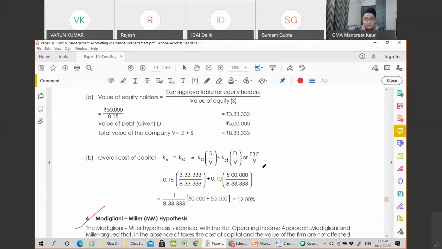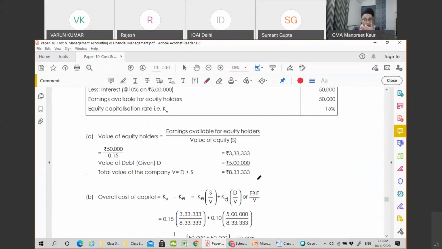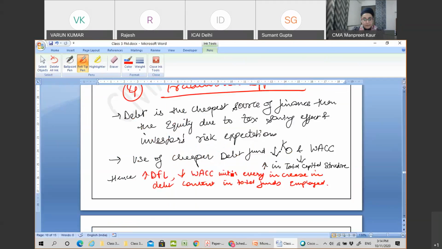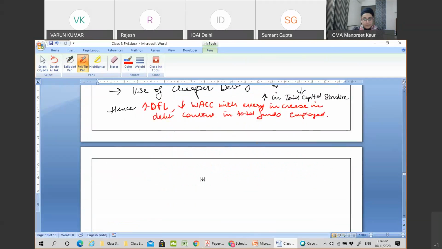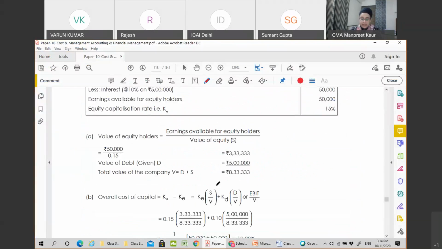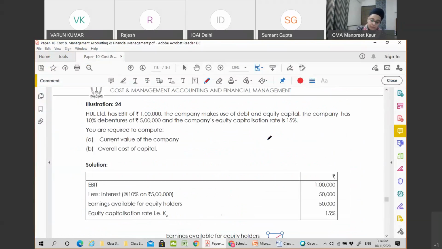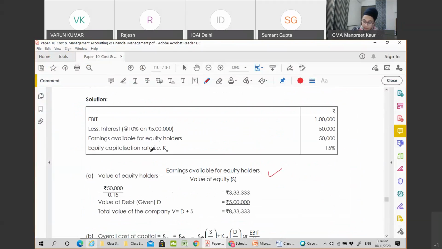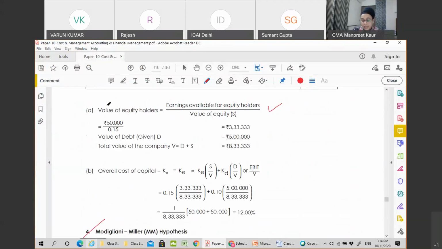The formula that I will write in the traditional viewpoint is the earnings available for equity share capital divided by the value of equity. This is in your homework. And overall cost of capital, it is same.